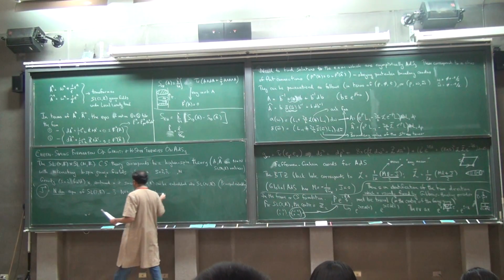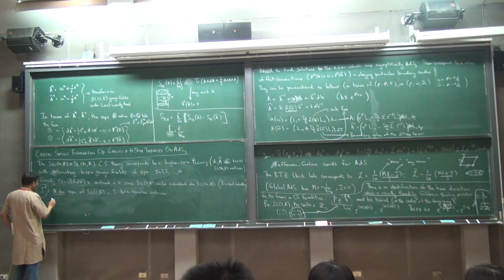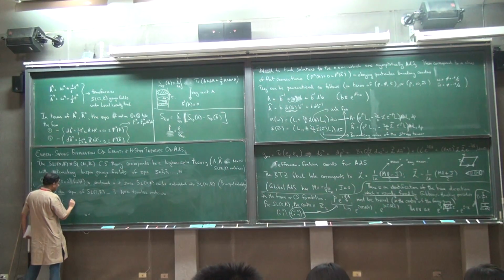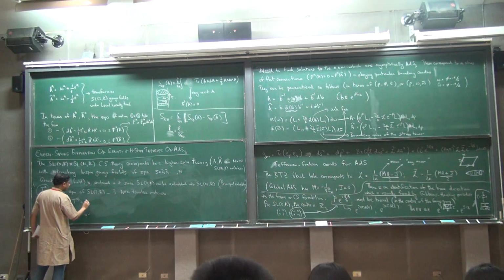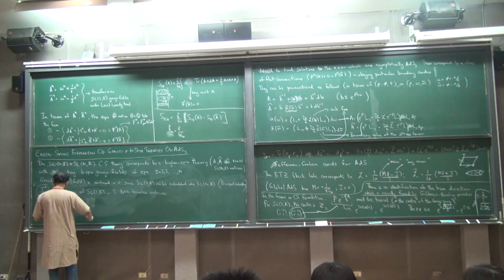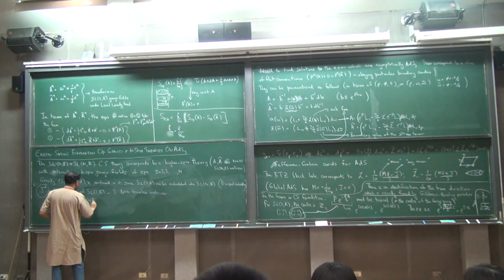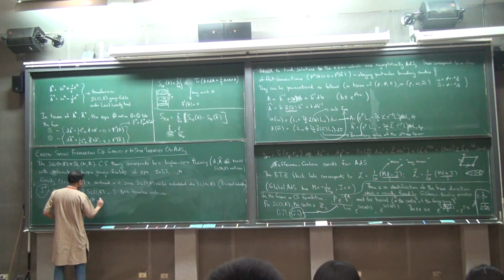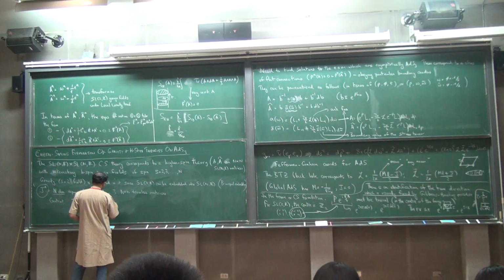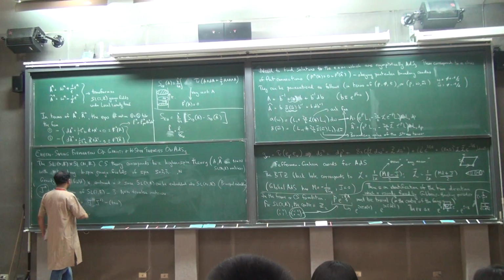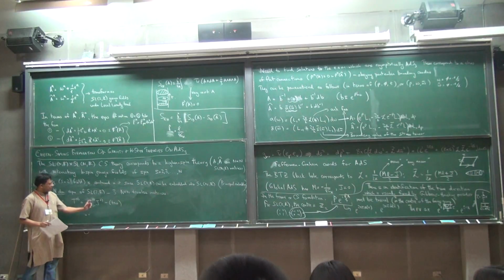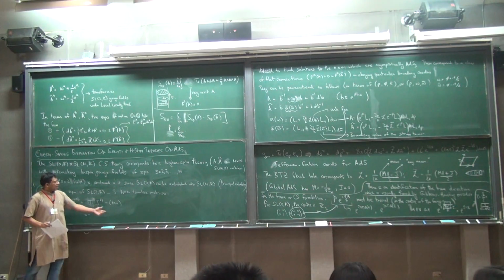So I claim that if you now start with this J and construct T_AB, which is equal to, I take these n by n matrices, so I can take the product of them, symmetrize over A and B, and remove the trace.